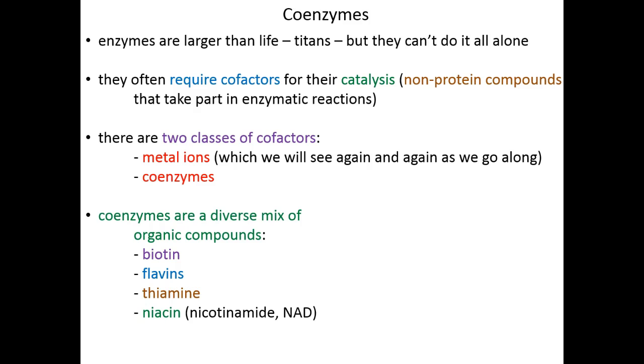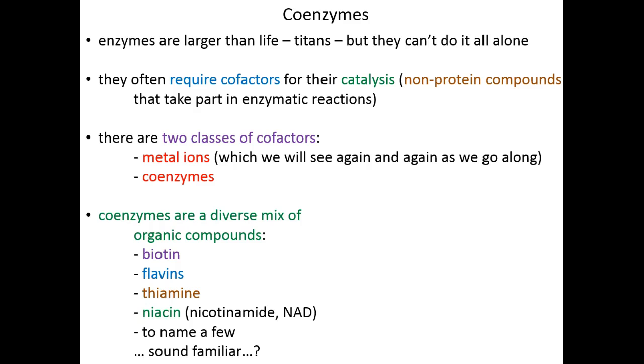And we're going to see probably in about 6 weeks that we would not be alive without NAD. NAD is one of the most important molecules in our bodies. So these are a few examples of coenzymes that are critical for life. And I should say that biotin is a methyl group holder. So when we make biomolecules, when we synthesize new amino acids or nitrogenous bases, oftentimes we have to shuttle methyl groups around, and that's what biotin is for.